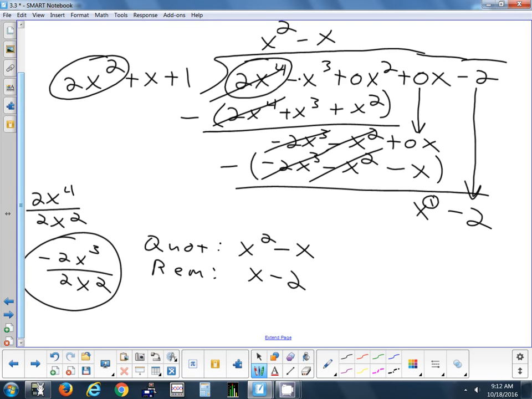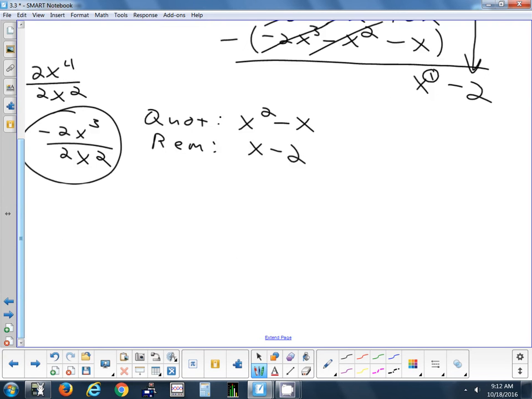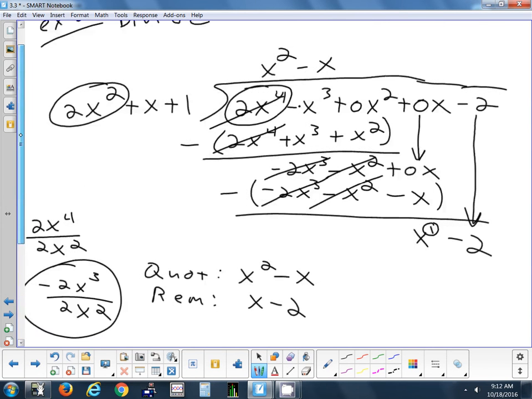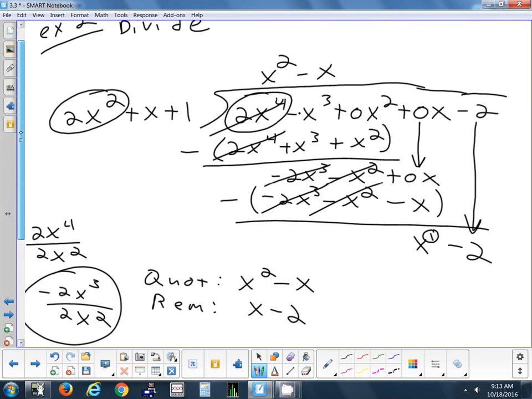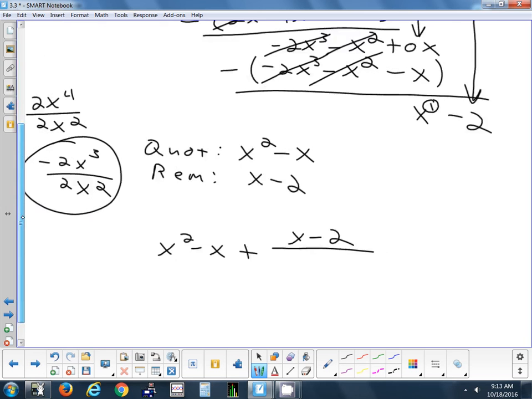Okay to write your answer that way, but not the best. So let's do the quotient plus remainder over divisor. So quotient plus remainder. And what was my divisor here, just to make sure we know what that is? 2x squared plus x plus 1. Yep, 2x squared plus x plus 1.